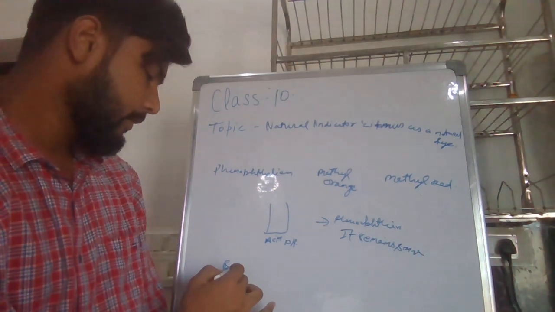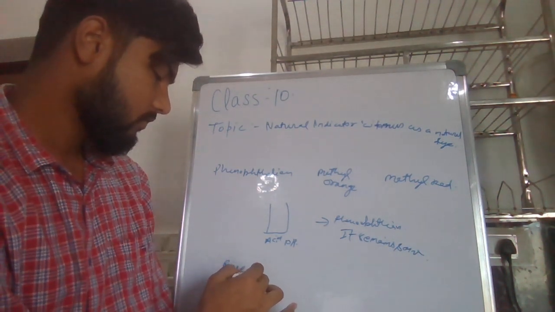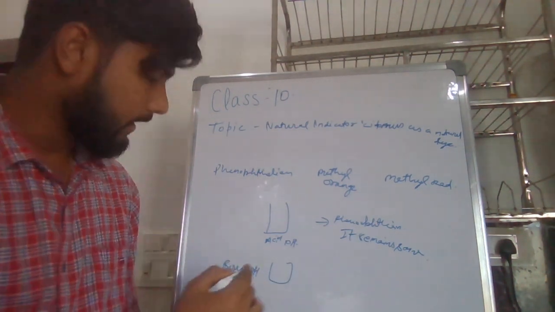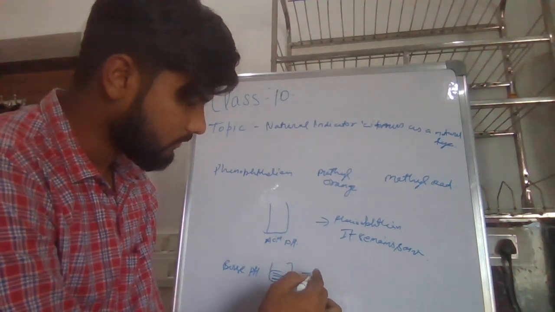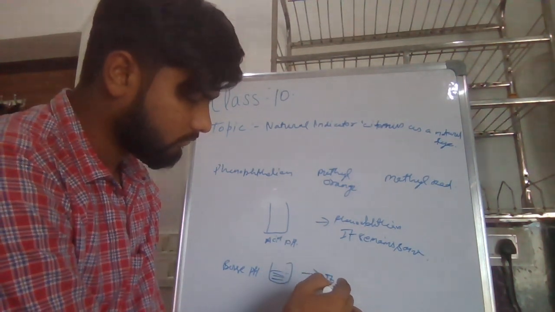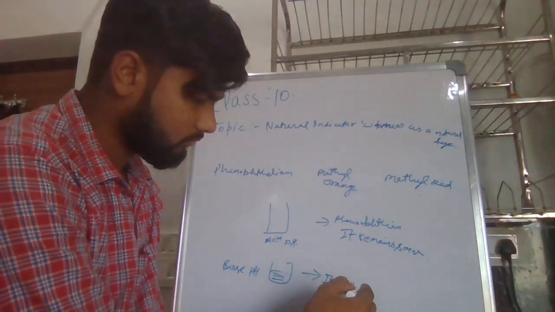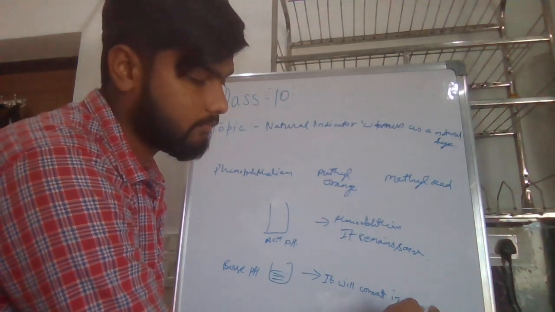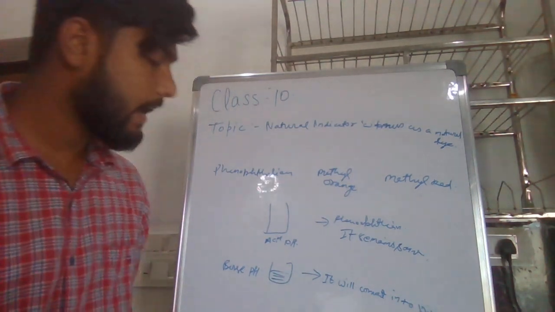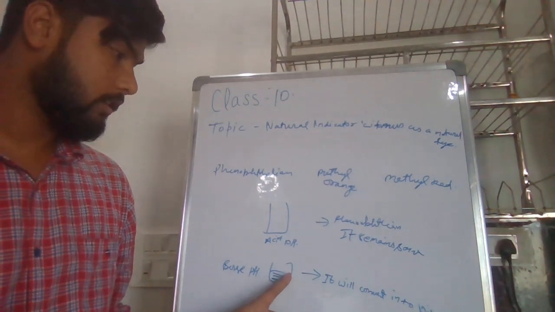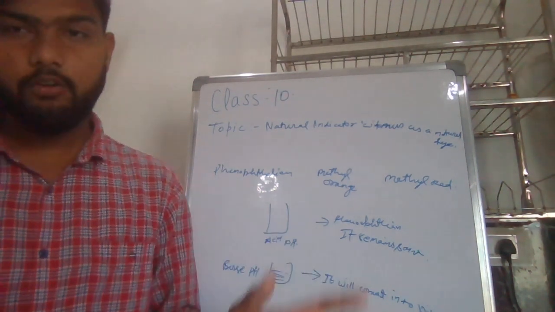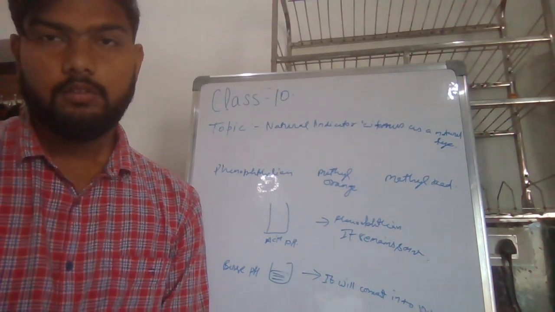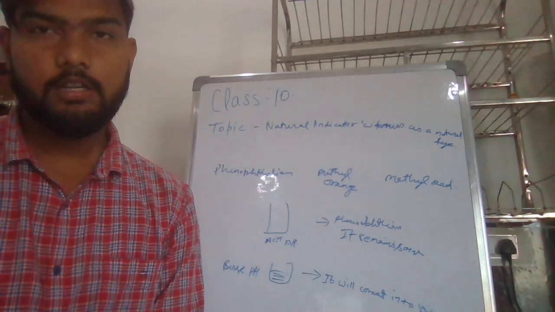And when we see a basic pH, we can see that it turns into a pink color. When we add phenolphthalein to a base, it converts to pink. So this is a synthetic indicator.